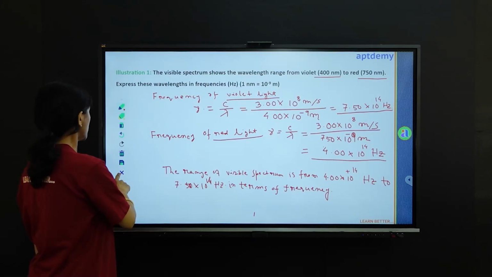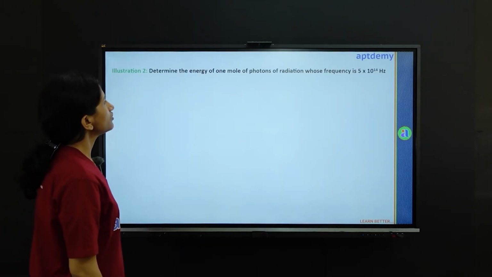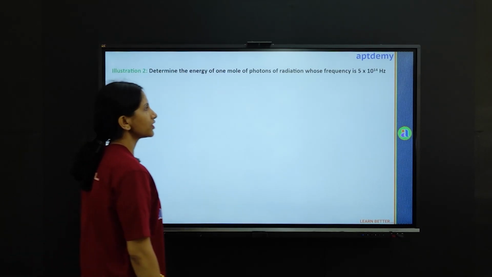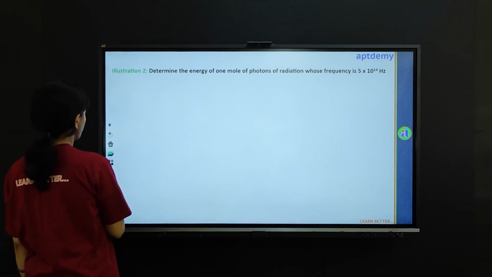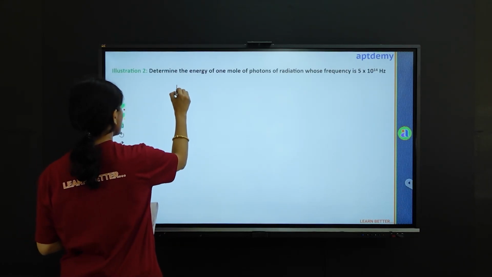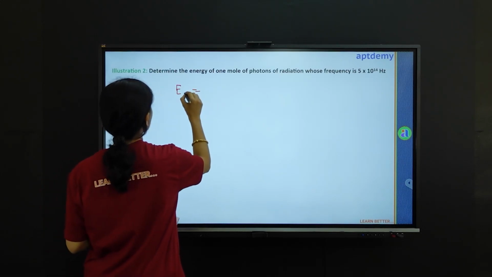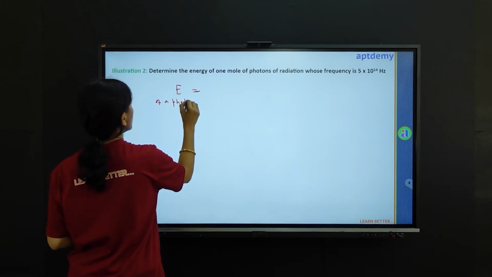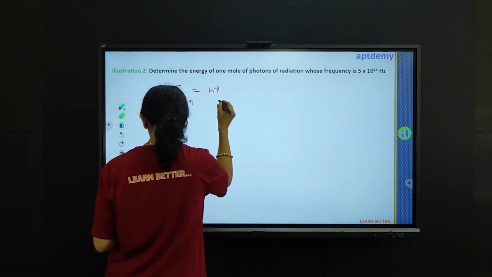Very simple. Now let's move on to the next illustration, which is saying that determine the energy of 1 mole of photons of radiation whose frequency is 5 times 10 to the power 14 Hz. How can we solve? So we know that the energy E of a photon can be written as h nu.